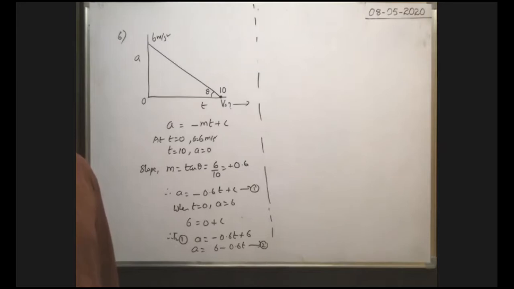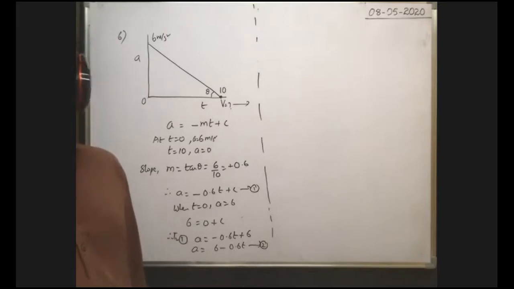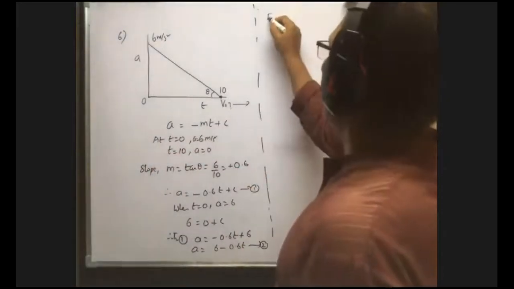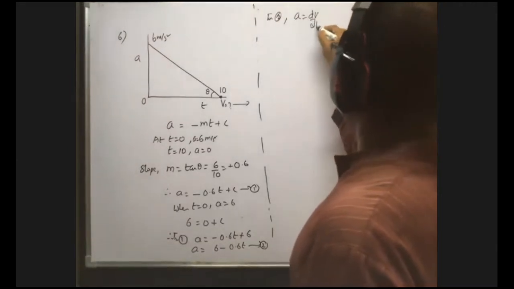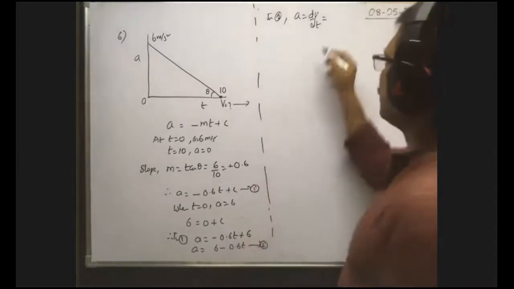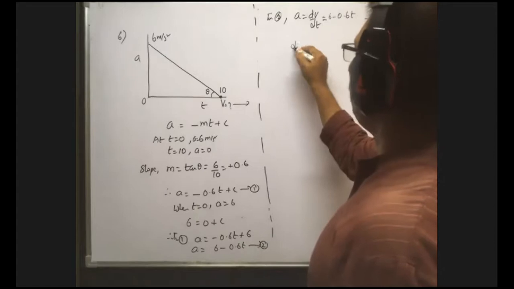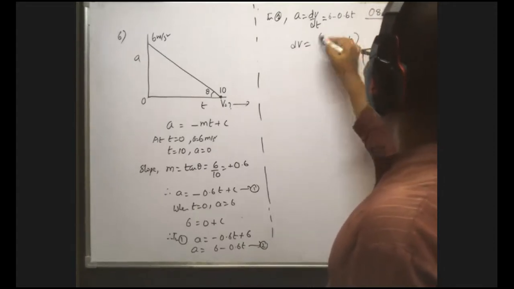First we have to write a is equal to dv by dt. So from equation 2, a is equal to dv by dt, that is equal to 6 minus 0.6t. Therefore dv is equal to 6 minus 0.6t into dt.